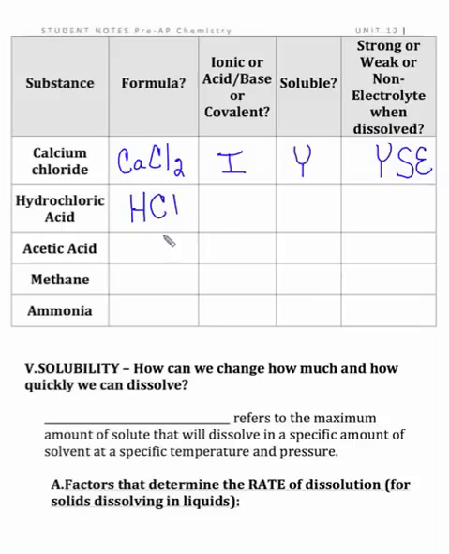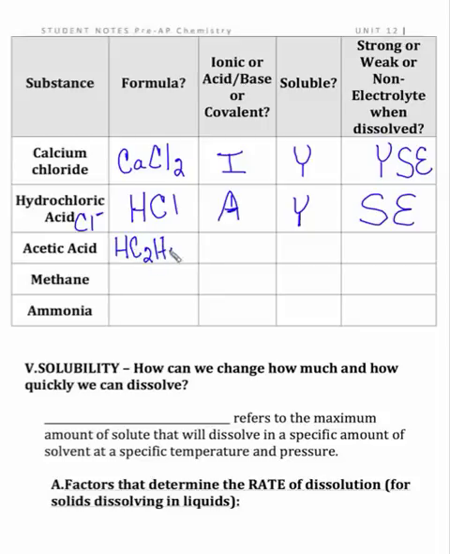Hydrochloric acid, hydro-ic, came from ide, which is chloride. It's an acid. Acids are by definition in water, and since it's a strong acid, and you know that because you memorized it, it's considered a strong electrolyte.